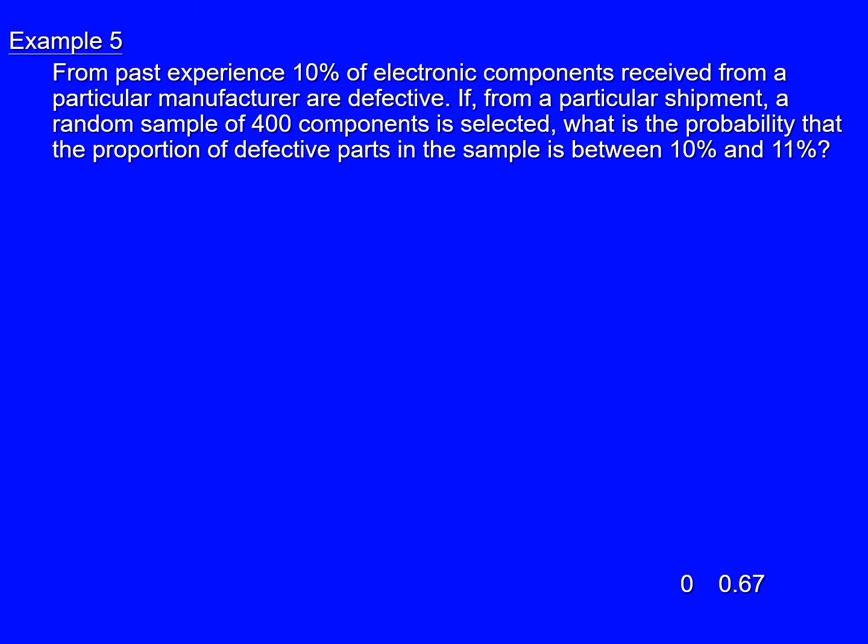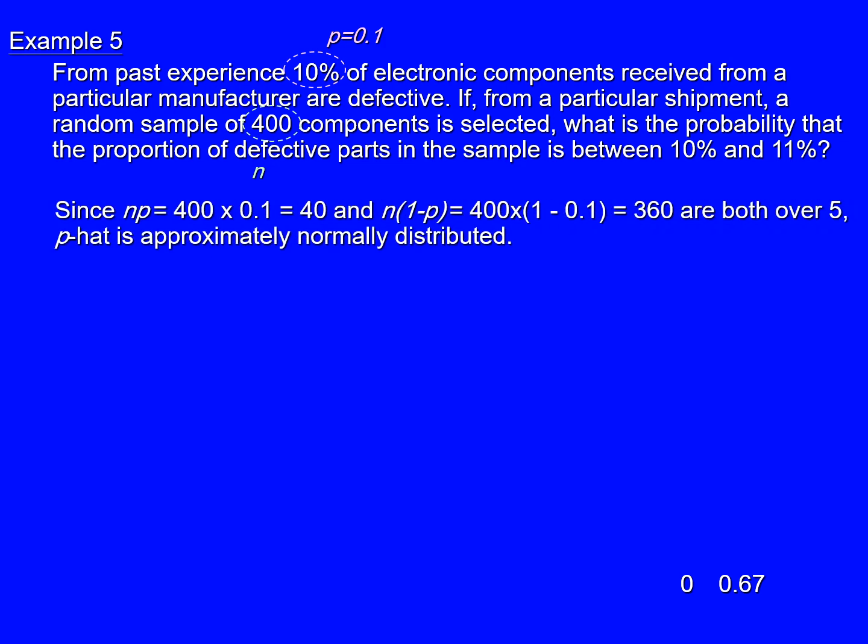So what is the probability that p hat, the sample proportion from 400 components, is between 0.10 and 0.11? First of all, we have to see whether 400 is big or not.